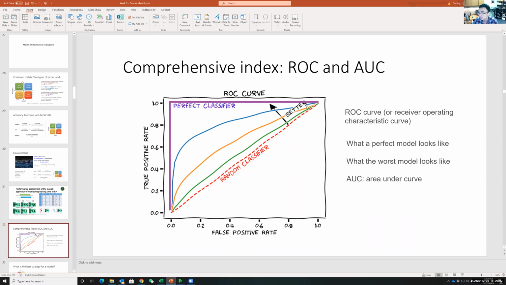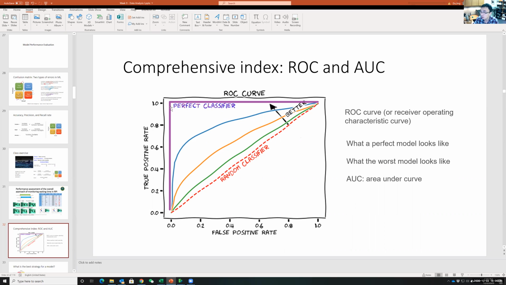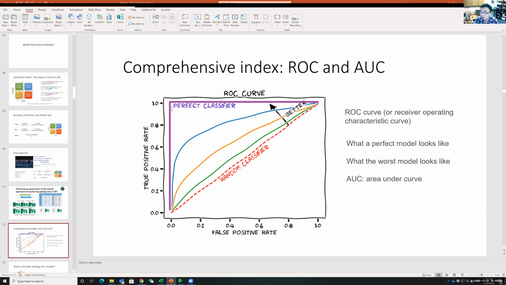A best model is, I'm increasing my true positive prediction, but my false positive prediction does not increase at all. So I'm always on this line, showing that I predict this person got infected by COVID-19, and I'm always correct when I make this positive prediction. So there's no way for me to commit any wrong prediction. So this is the perfect model.